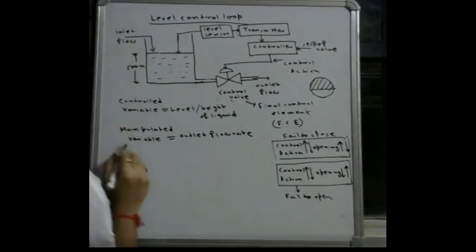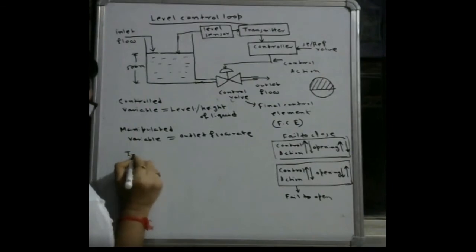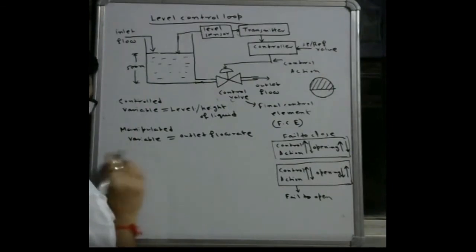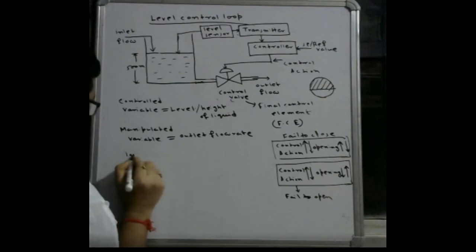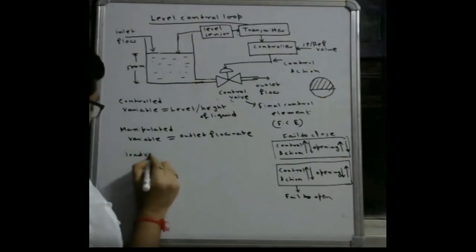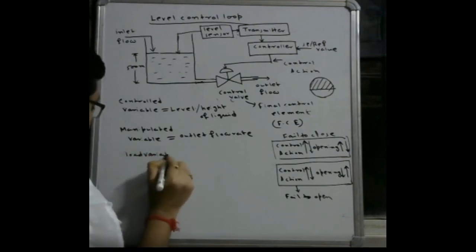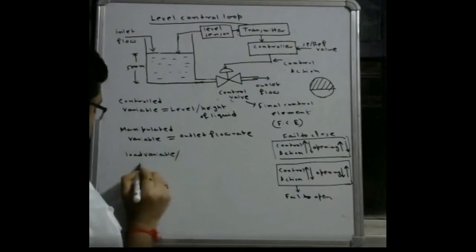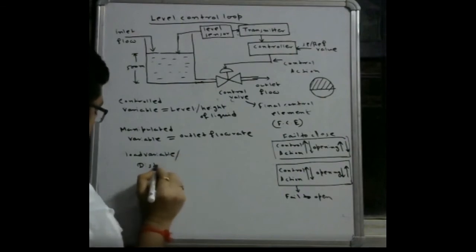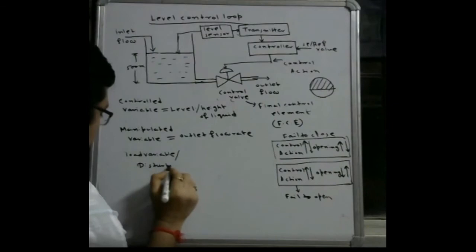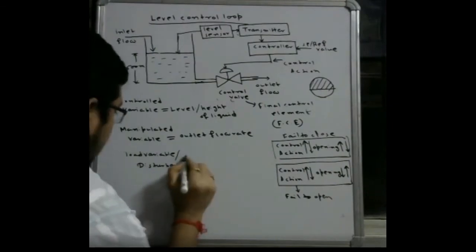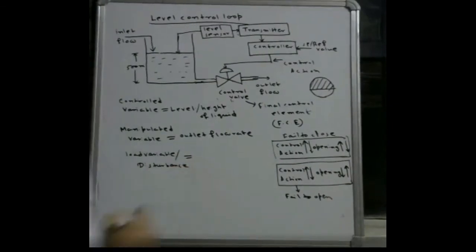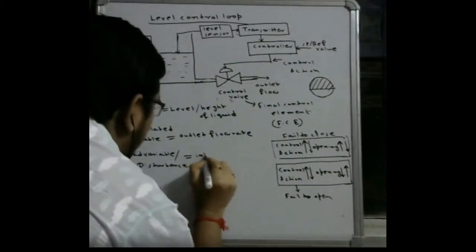So that's why the inlet is the load variable, or it is called disturbance. In our case, this is inlet flow.